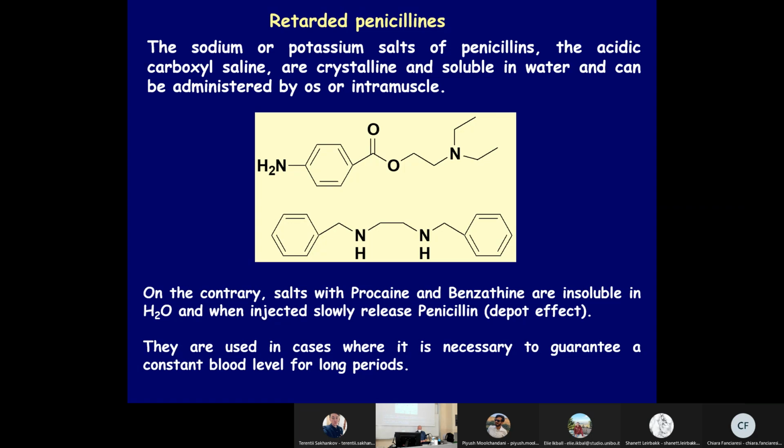Normally, this retarded form, depot, reservoir form of penicillin are injected once a week.